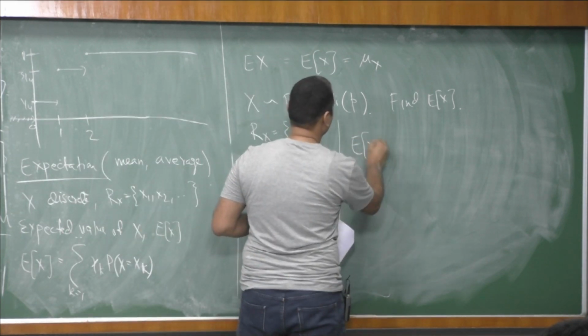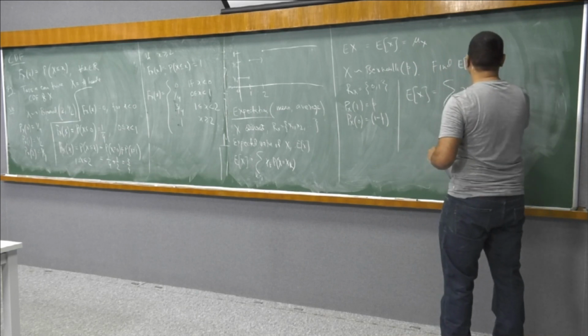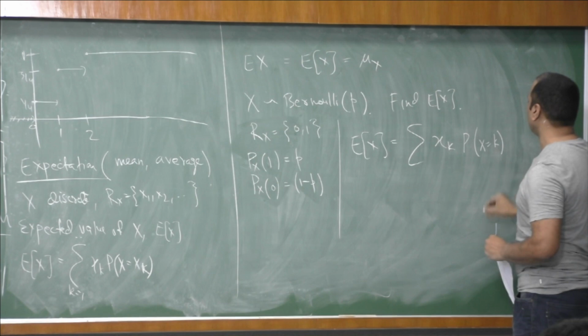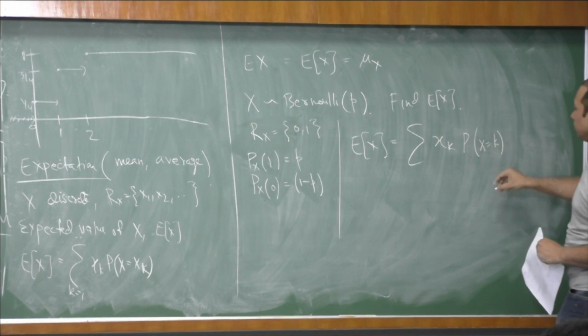So expectation of X is the sum of xk times the PMF at xk. Sometimes we write p sub X of xk. These are all the same.